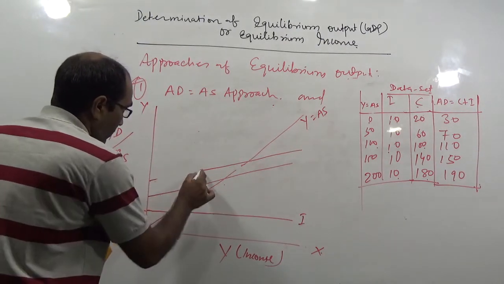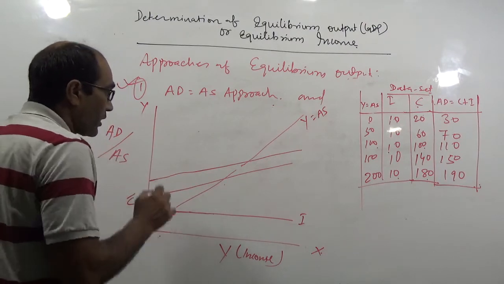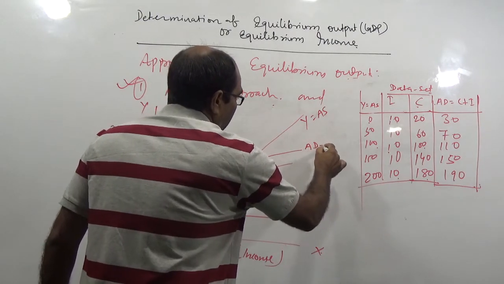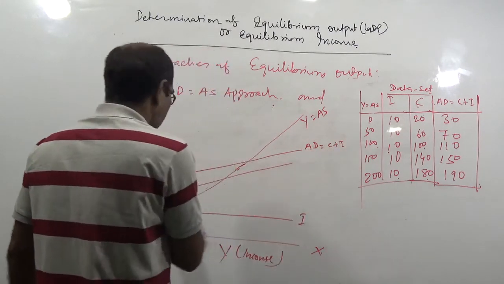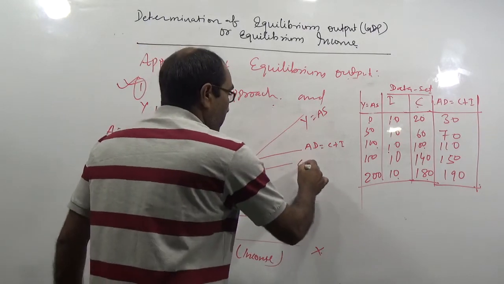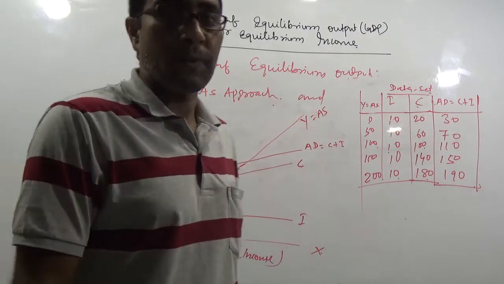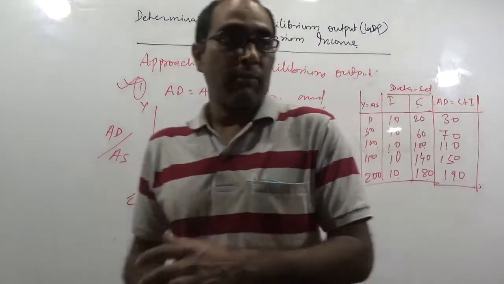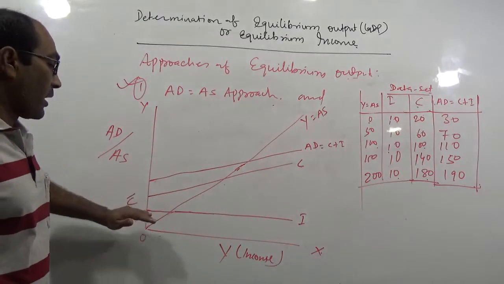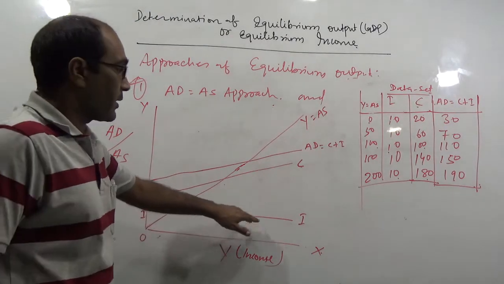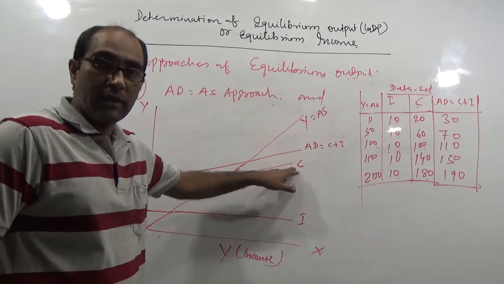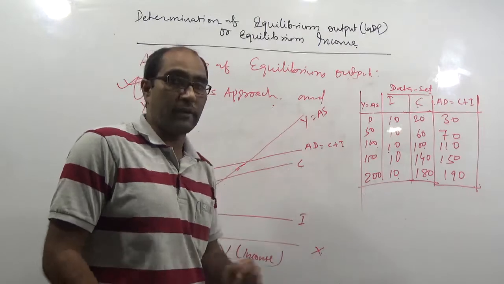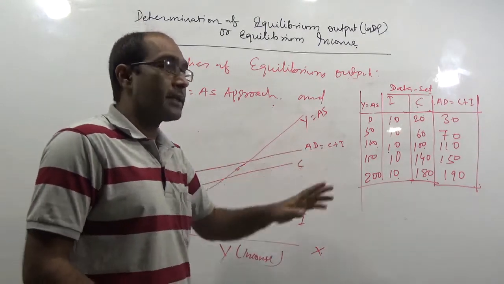The value of aggregate demand, AD, equals C plus I. After plotting these values on a diagram, what do we get? I is the autonomous investment expenditure, C the consumption curve, and AD comprises C plus I. So it's an AD curve.